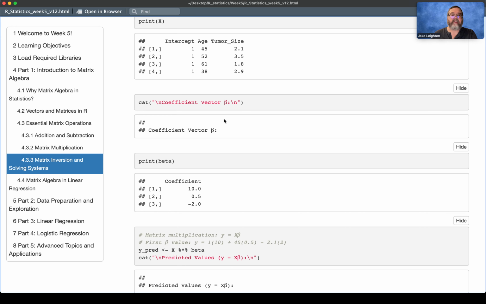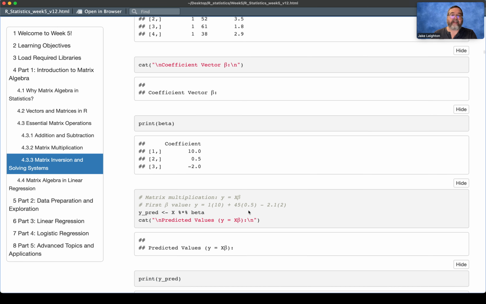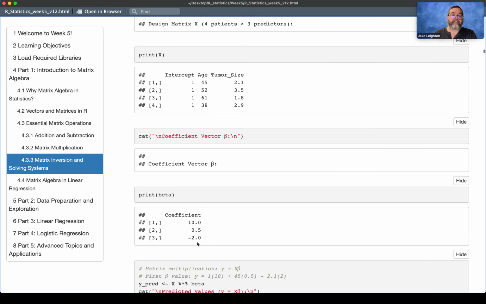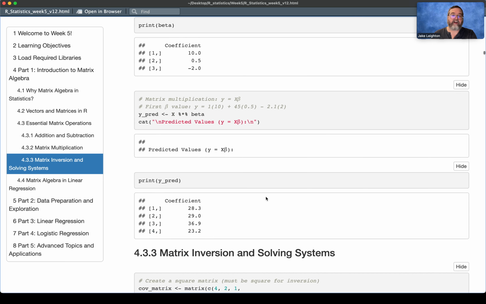That column vector is really being multiplied by the first row here. So it's just 10 times 1 plus 0.5 times 45 plus -2 times 2.1. And if you do all that, you get your Y value. If you multiply this out yourself here, you'll get 28.3. So that's how you solve this linear system here.